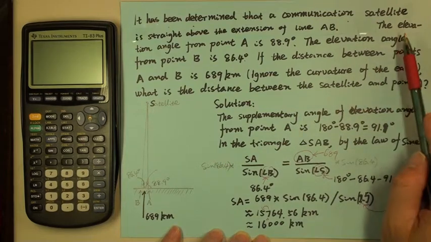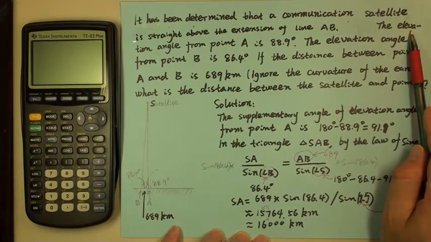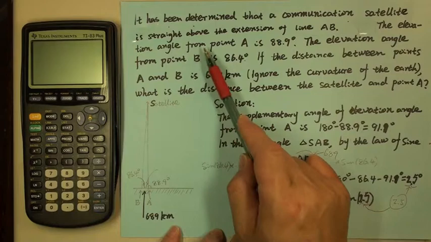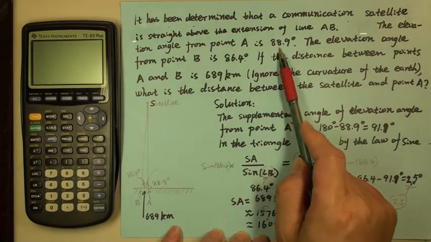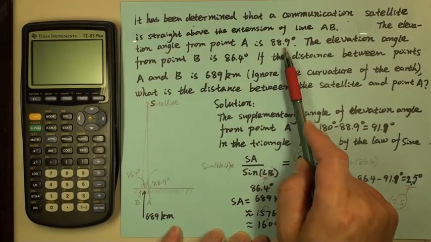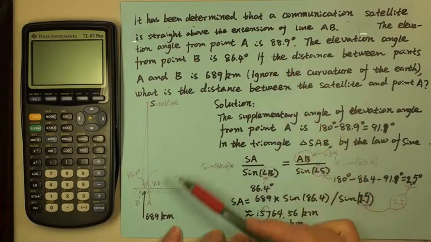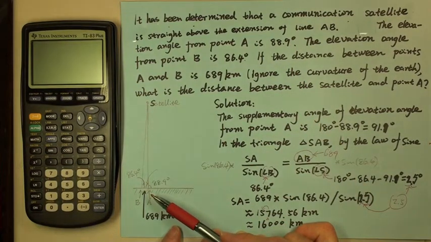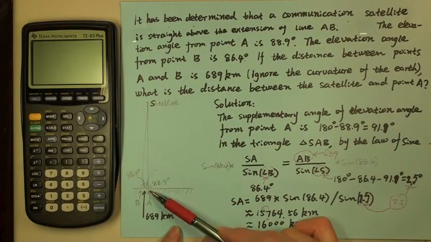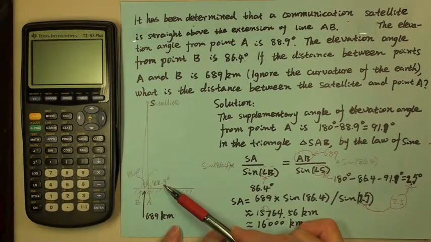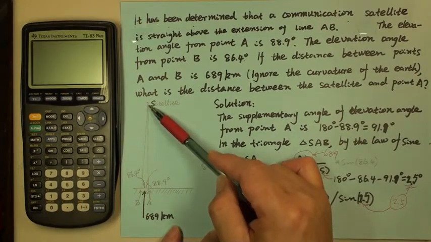Now, the elevation angle from point A is 88.9 degrees. So down here, from this point A, it is 88.9 degrees.